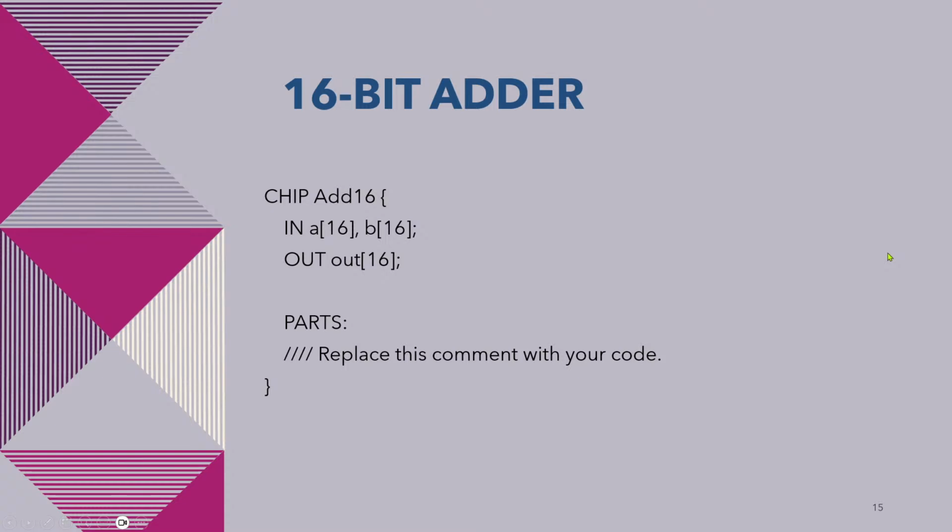The 16-bit adder is a little more complicated than the adders that we've talked about. But once you build the adders, the 16-bit adder is not that complicated, because you'll just reuse the adders that you've created before.